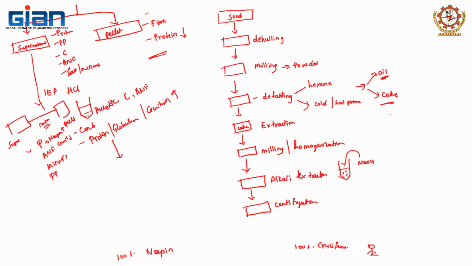Polyphenols are more soluble, so they try to go to the supernatant. The pellet will have them, but in a small quantity compared to the supernatant. That is the reason why I am going with the pellet. You are welcome to take the supernatant to make your life a little bit difficult. It also has a small amount of polyphenols, minerals and everything, because they actually bind to the protein. So when protein precipitates, they will also precipitate, that is the problem.